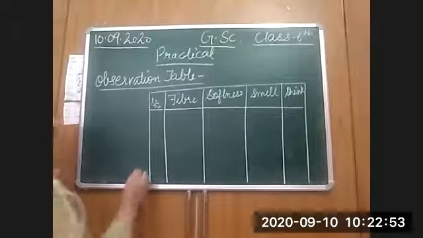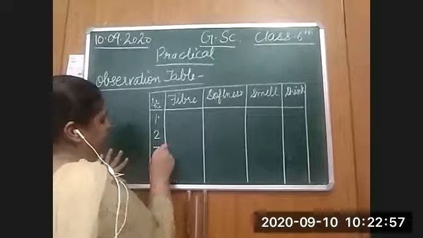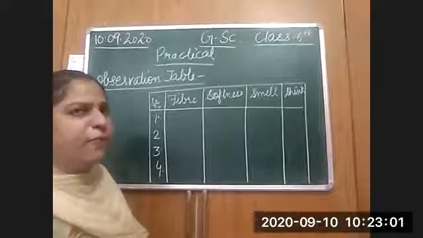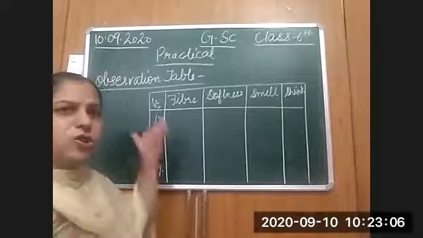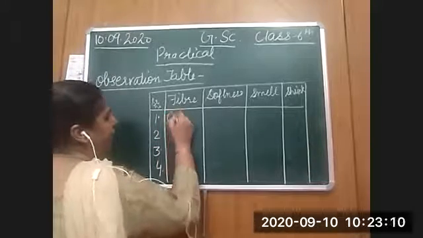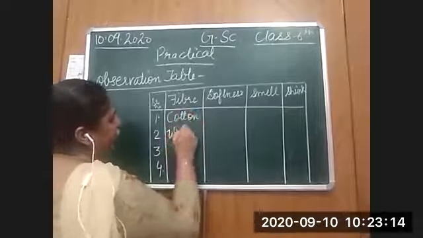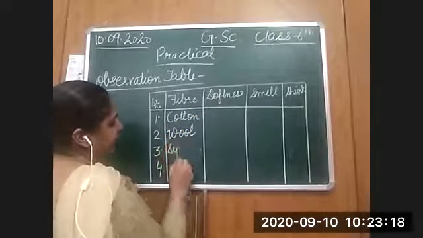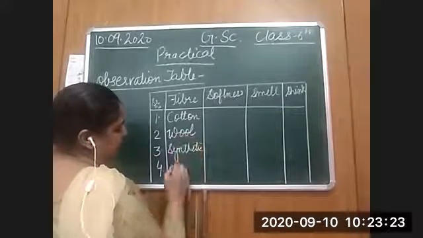So first is, we have taken 4 fibers. One is silk is optional. If you want to take the silk, you can. If you don't have at your home, it's okay. Just take 3 materials. Okay. So first fiber we are going to take is cotton. Second is wool. Third is synthetic. And fourth is silk.